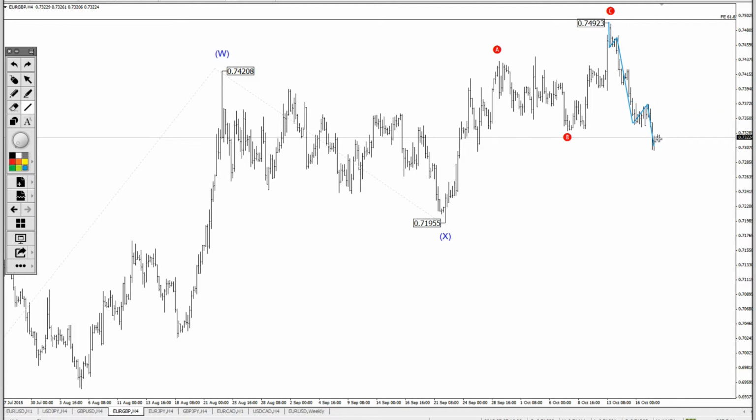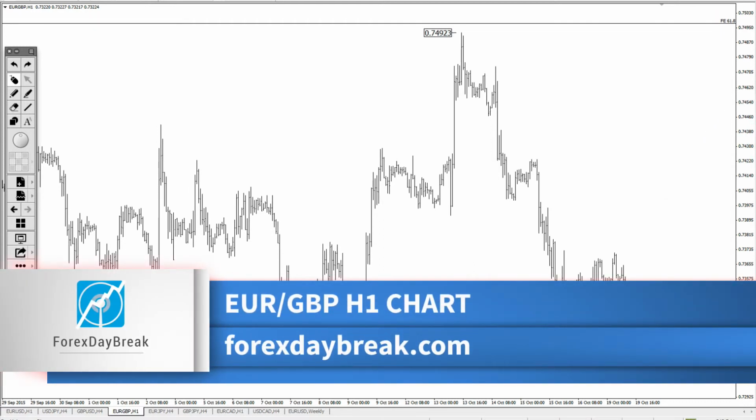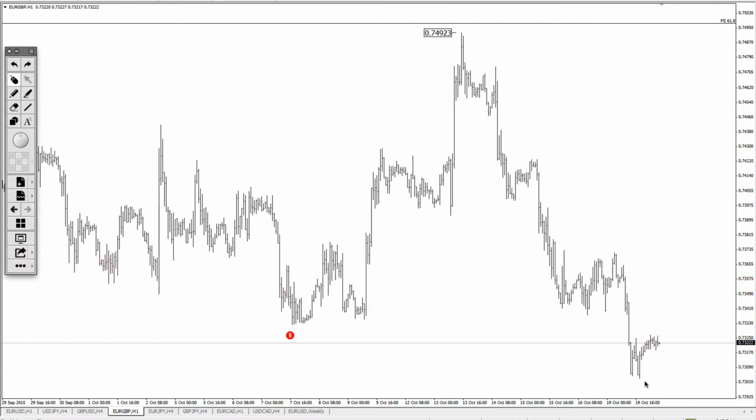One possibility is that we get a continuation towards the downside. We can see this on the 1 hour chart. So if we get a continuation of this downtrend, one other possibility could be to put a limit order on the recent low, so around the 0.73 level.